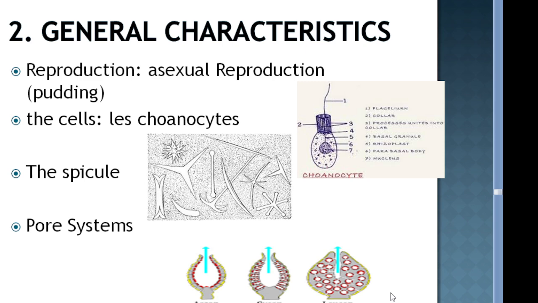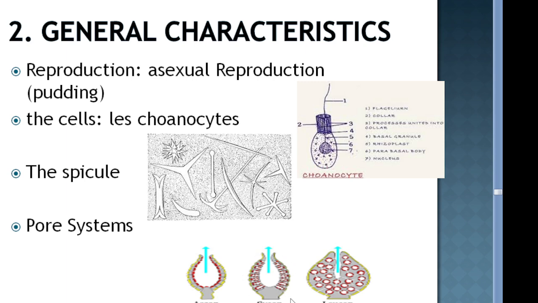Let's remind ourselves that the sponges are animals that live in the sea, and they are fixed. They don't move. So in order to eat, they must develop a system in order to eat. According to the area of the sponges, if the sponges are in an area which is rich in food, they stay in the simple type.